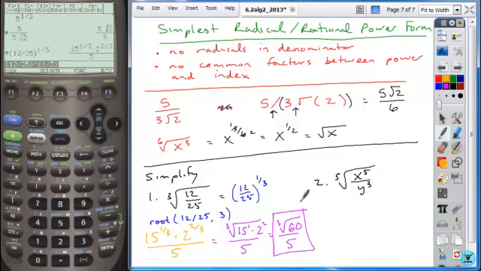And so this is what your answer would be. Once again, the way that you would enter your answer online, you would say cube root 60 divided by 5. And that would be the way that you would enter your answer.